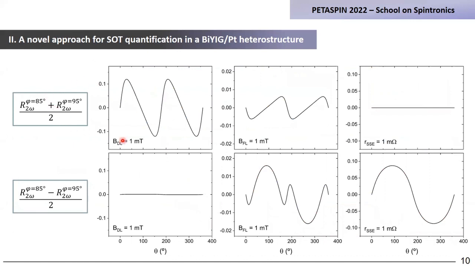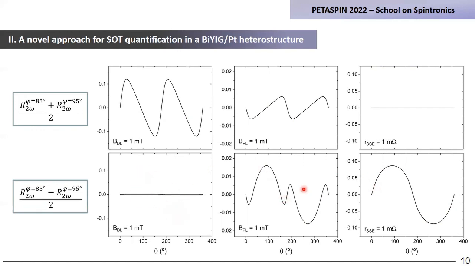Here, I'm plotting the sum and the difference of the second harmonic registered at 85 and 95 degrees. When considering the sum, we still deal with the interplay between the damping-like and the field-like component. But if we consider the difference, we can see that we can effectively remove the contribution from the field-like torque.